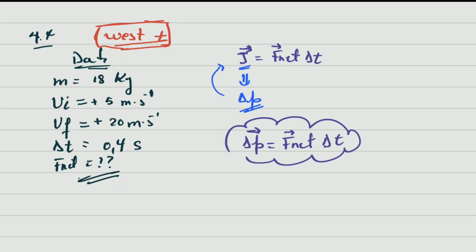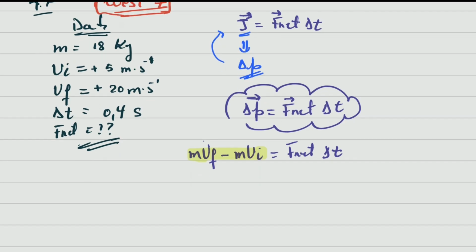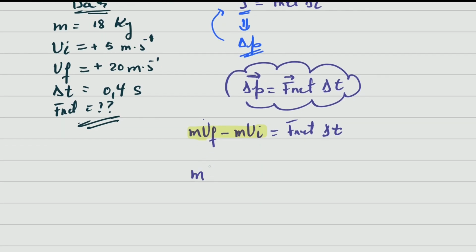So in this case it will be mass multiplied by the final velocity minus mass multiplied by the initial velocity. Let's not write the vector symbol there. F net multiplied by the time. Now here on this side you have a common factor, which is the mass. So mass, bracket, final velocity minus initial velocity, is equal to F net multiplied by the time.